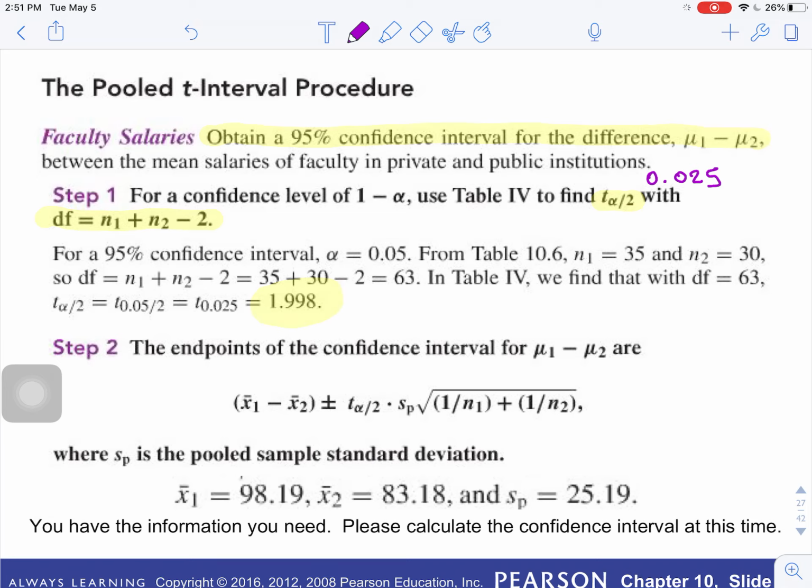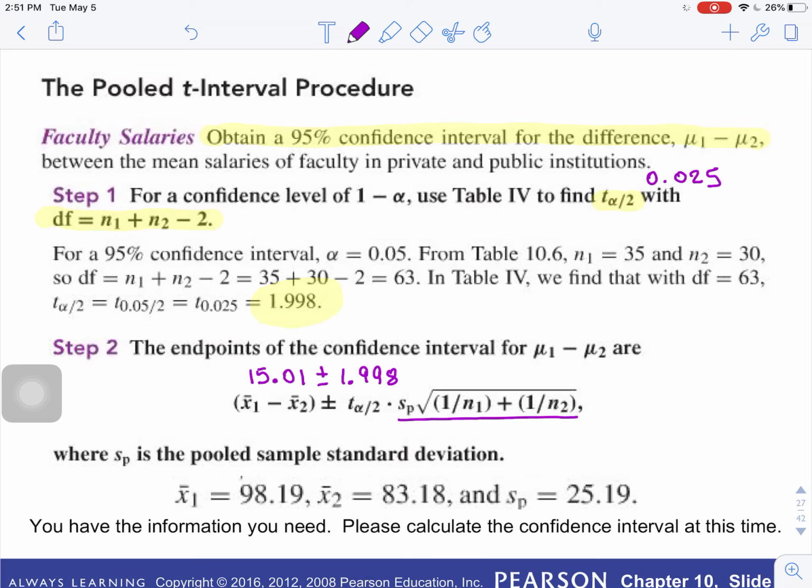So when we're looking at what our range is going to be for that difference, we're going to take the difference between the two sample means, which we know is 15.01 from before, plus or minus the 1.998. And then this right here is from the denominator of our previous slide.